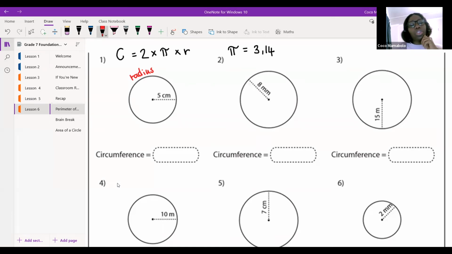Those of you who are still a little confused, you can also pop your answer for the radius in the chat for me. Olonda says 5 centimeters, and so does Samkelo. I agree. Tyler, what do you think? What is my radius?